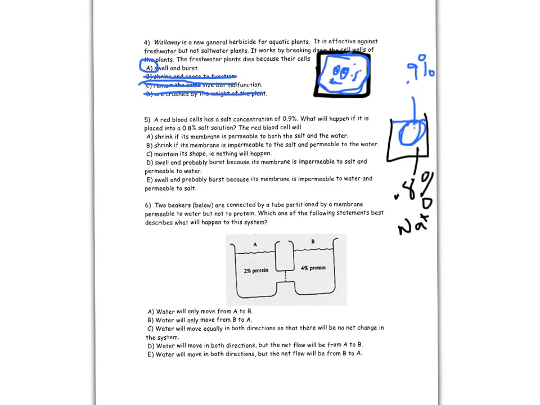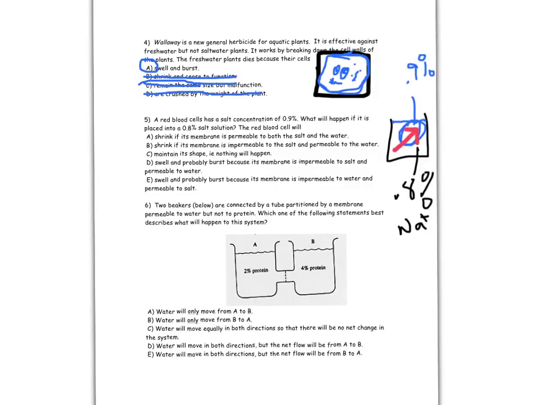It's higher inside than it is outside. So I hope everyone that's been trying to do these understands that water's going to go from here to here.